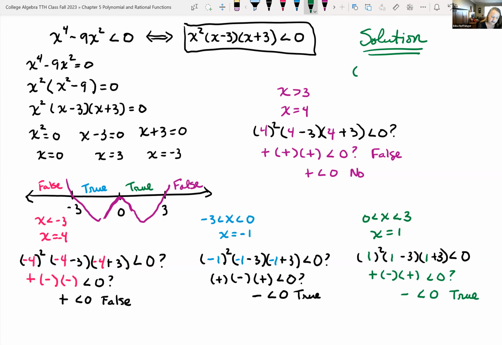And so for my solution, we have not including -3, so parentheses -3 to 0. I'm not going to include that because I don't have the equal to part of my inequality. So parentheses union, parentheses 0 to 3.